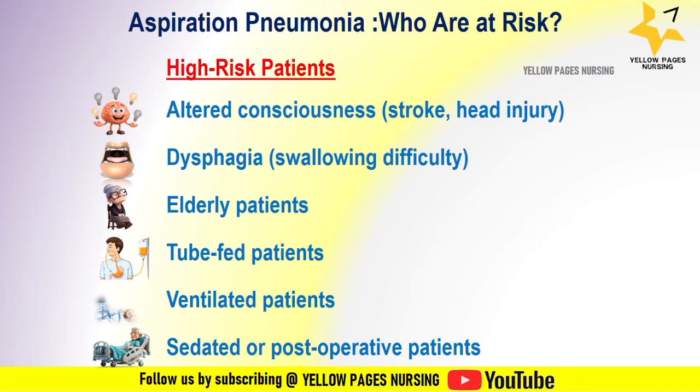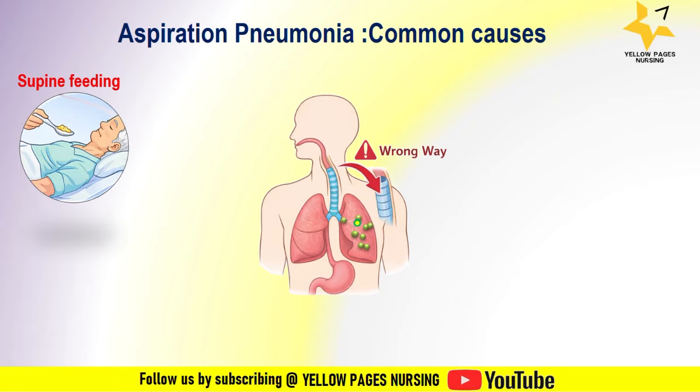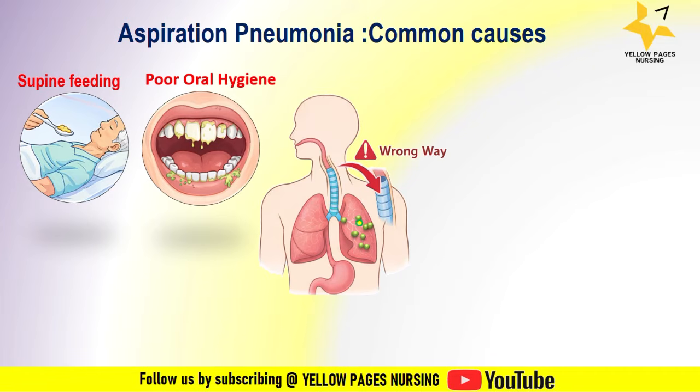Next, let's discuss some of the common causes for aspiration pneumonia. First is supine feeding. Here, feeding a patient lying flat allows food or fluid to easily enter into the lungs. Next is poor oral hygiene, where bacteria from the mouth can be aspirated into the lungs and cause infection.